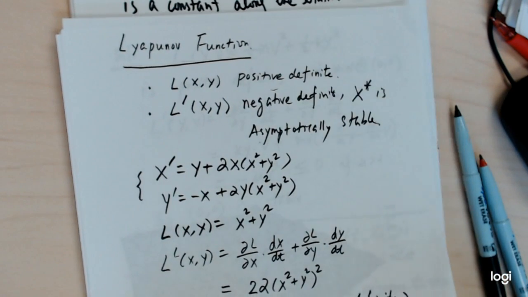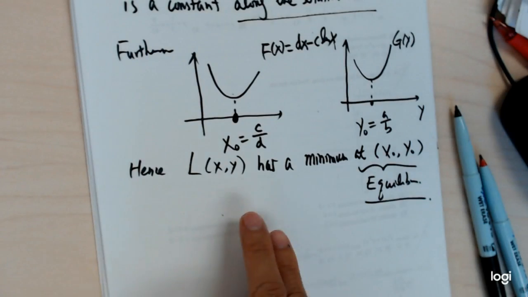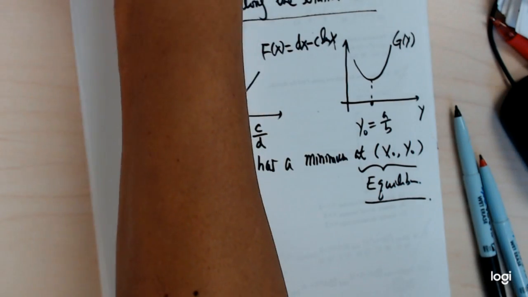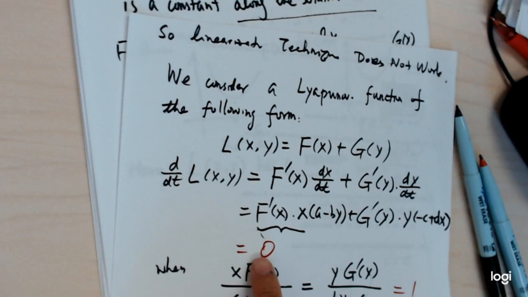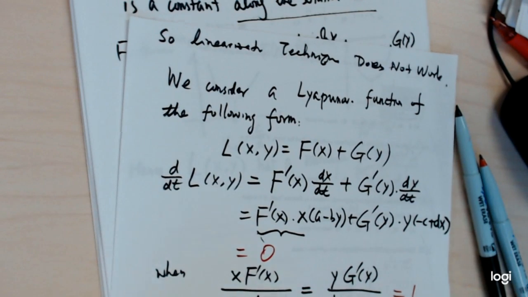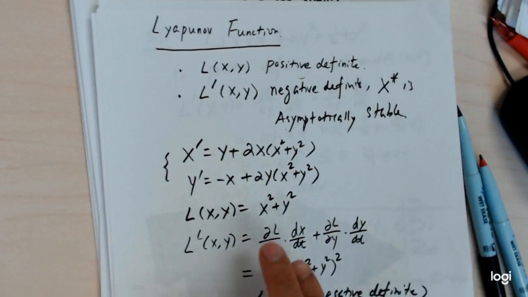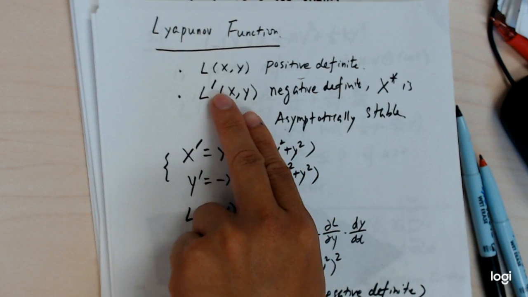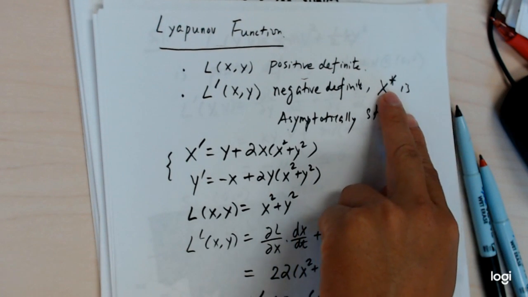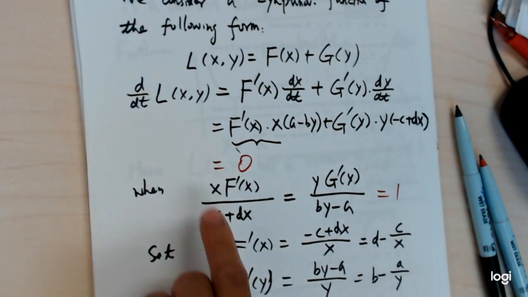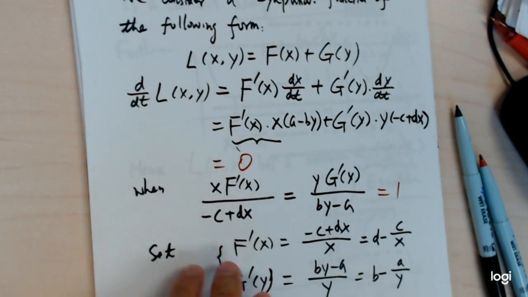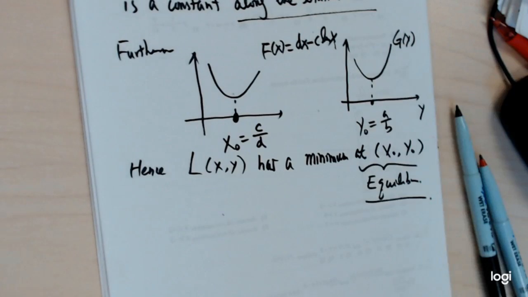Notice what happened in this case is our L prime is always 0. So that's very different from the results that we presented before. The L prime here is 0. And moreover, L has a minimum at the equilibrium.